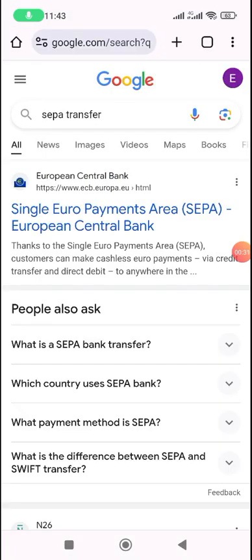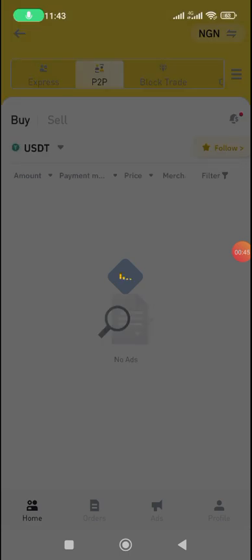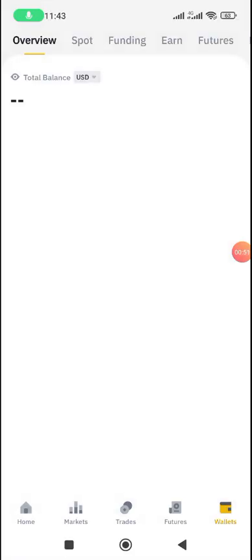It's for crypto apps. It doesn't have fees when you're depositing on a crypto app using SEPA transfer. It means that if you send in 1,000 euros, you're going to get more USDT if you fund with SEPA euros.